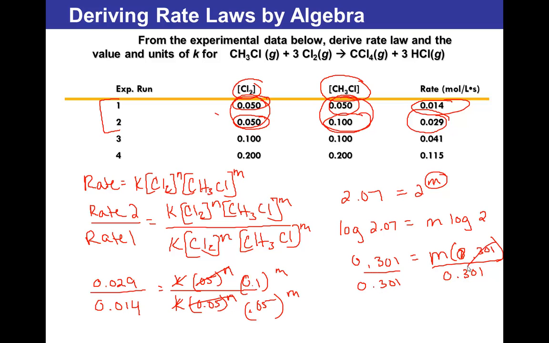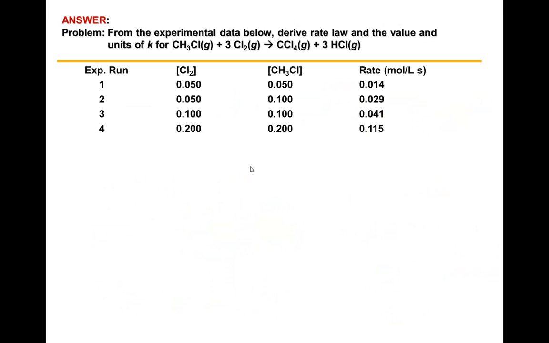So that means that this here is to the first power. So as of now, we have the rate is equal to K times the Cl2 to the N, CH3Cl to the first power.